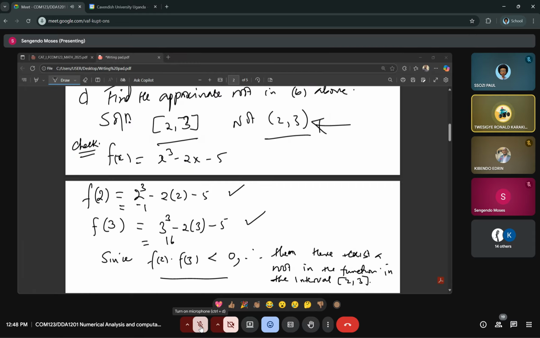Susie and Adrian, there's something you were talking about with Mr. Ssengendo about a platform, Python programming. What was that? With the numerical analysis, almost everything you need to write an algorithm for it. So besides just finding the bisection method, there's a part where you need to write an actual code, maybe in Python.